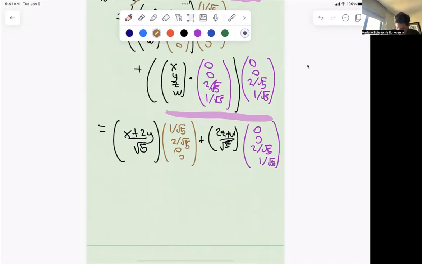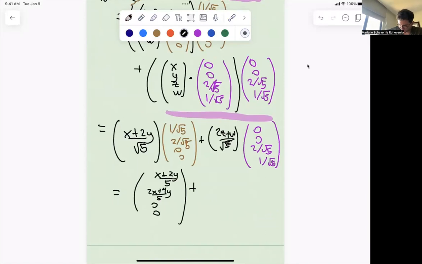There's a root of 5 in each, a number you can put in every entry, so you get (x plus 2y)/5, then (2x plus 4y)/5, 0, 0. That's what the first two entries give you.